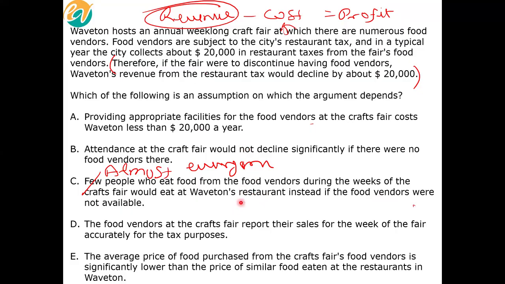So if that's the case, then clearly there'll be no decline in the revenue, because the Waveton government is now deriving the same amount of restaurant tax. It's just that instead of deriving that tax from food vendors, it is now directly deriving that tax from the restaurant. So if we negate Charlie, then the conclusion that the revenue would decline by $20,000 becomes invalid.